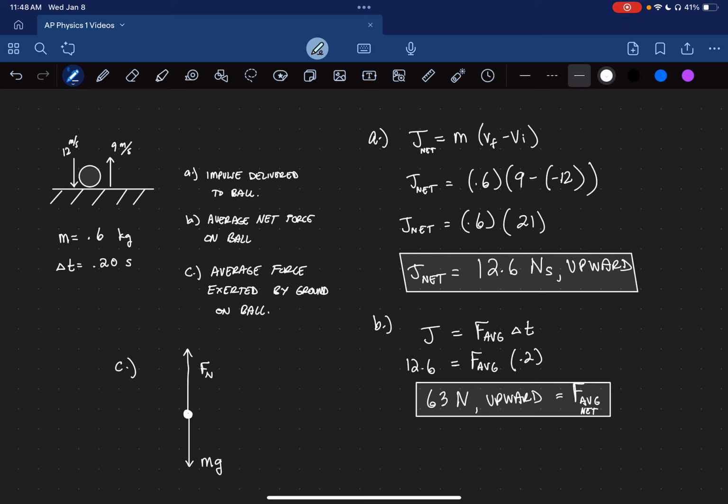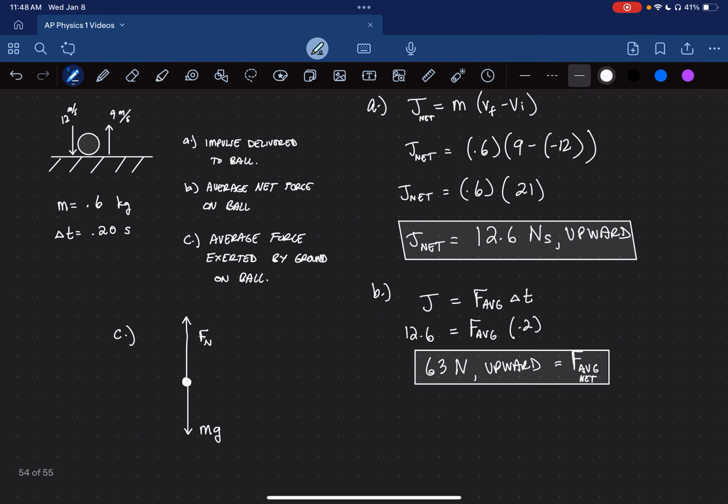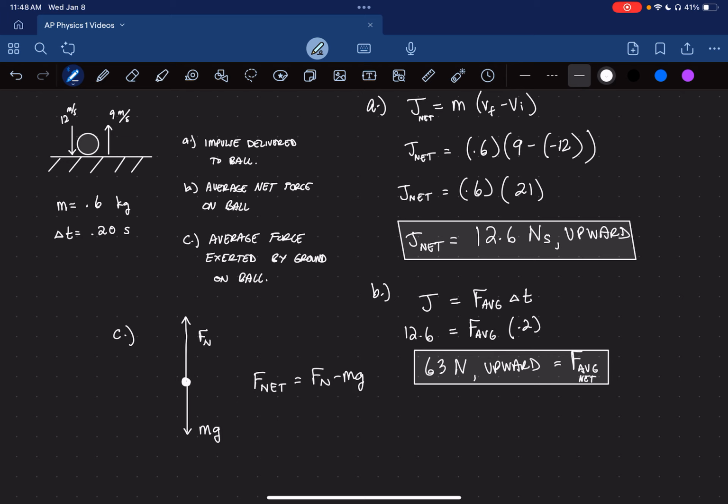It's both of them. So for part C, what is the average force exerted by the ground? In other words, what is Fn? The net force on the ball is simply Fn minus mg. We talked about that before. Two opposing forces, you add them together with the sign, and you get the net force out of it.